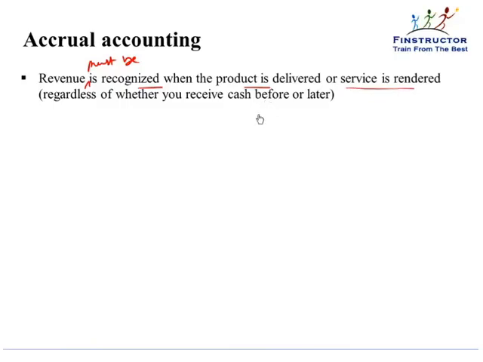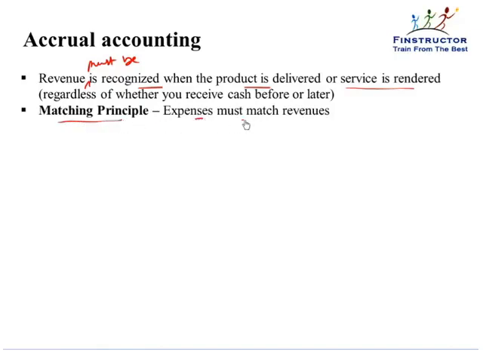And correspondingly, we need to apply the matching principle, which says that expenses must match revenues, regardless of when the cash outflow for the expense is happening. It can happen sooner or later. So once again, revenue must be recognized when the product is delivered and expenses must match revenues.